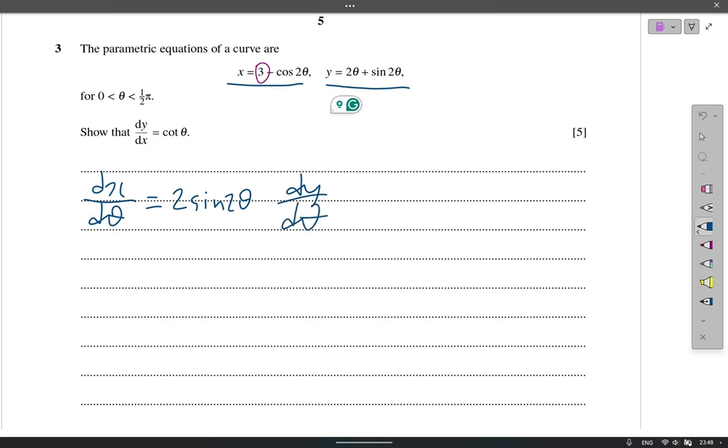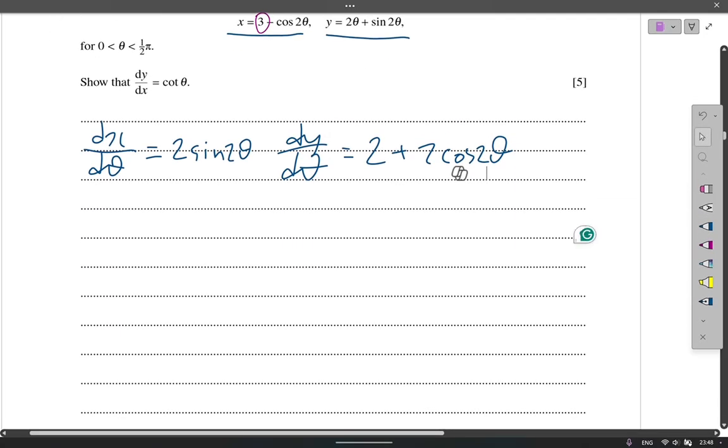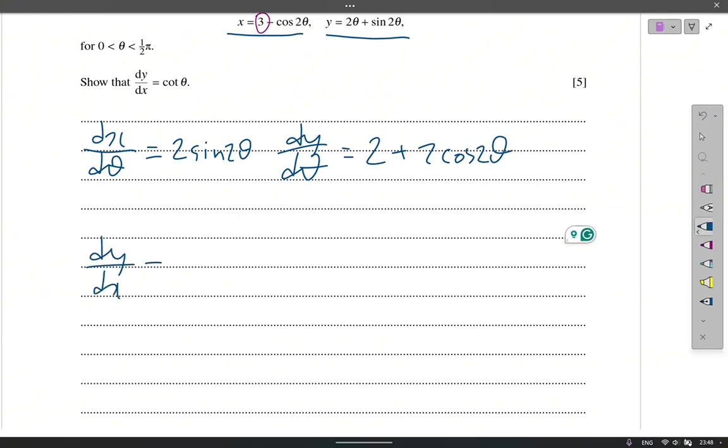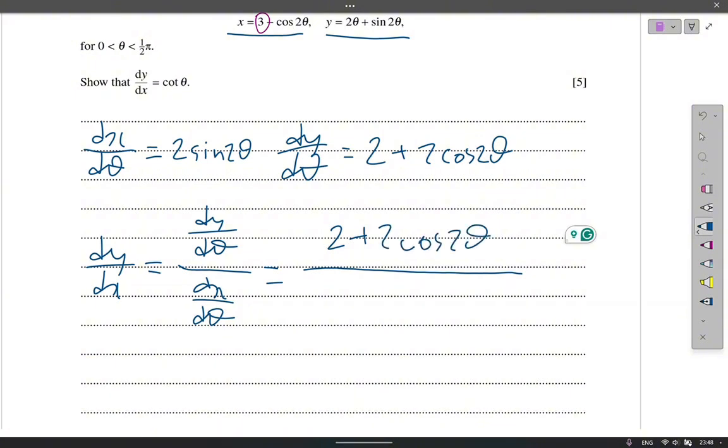And dy over d theta, applying the same rules, we have 2 plus 2 cosine 2 theta. So in the next step, you have to take dy over dx, which is actually equal to dy over d theta divided by dx over d theta, which gives us this equation.